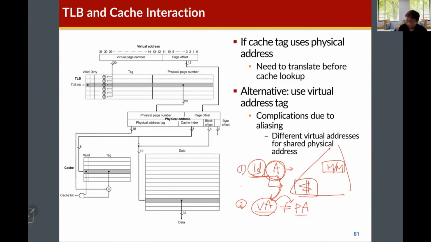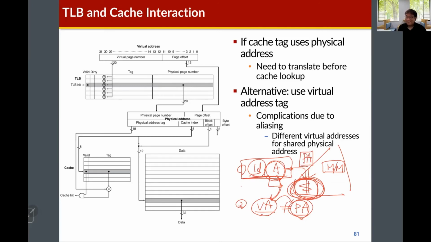And actually the cache is part of the memory hierarchy. Then when the data is in this memory hierarchy, we need to access data with the physical address, not the virtual address. Do you understand? So when the load A is executed, how about the cache? The cache needs to be accessed by the physical address.